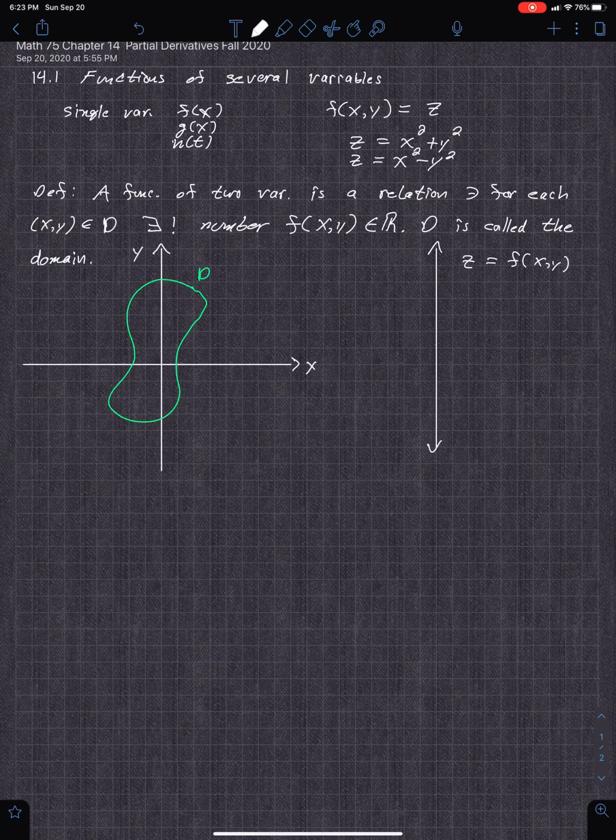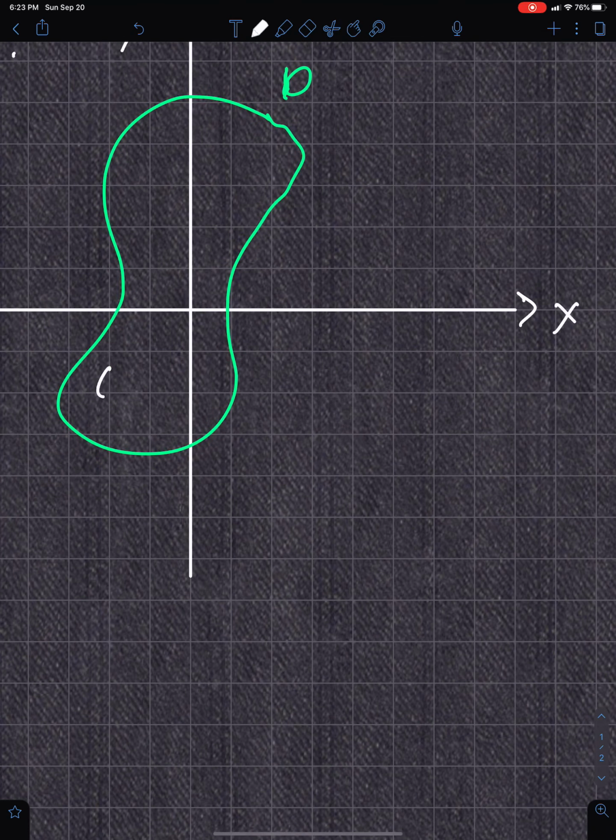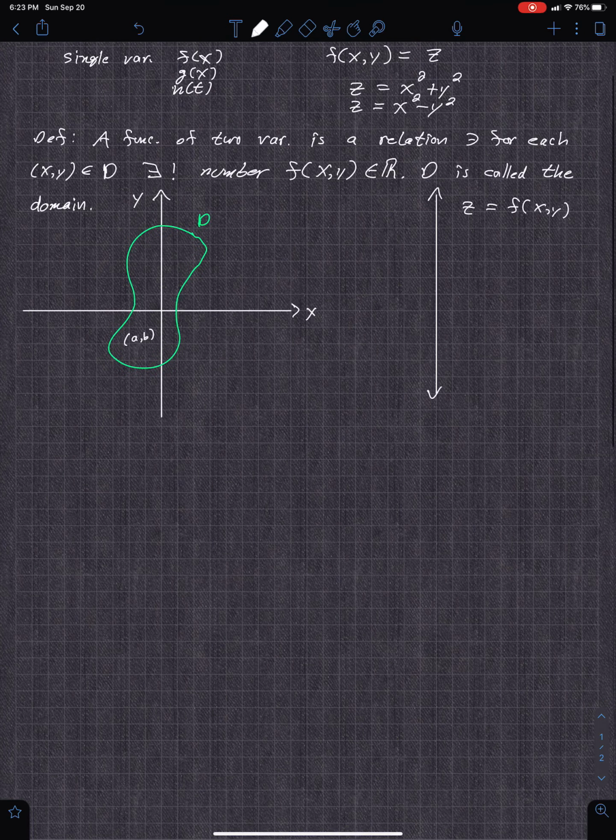So if I have, say, an ordered pair over here, say a, b, then that maps, maybe right here, to a point over here on this number line, and this is your f of a, b.